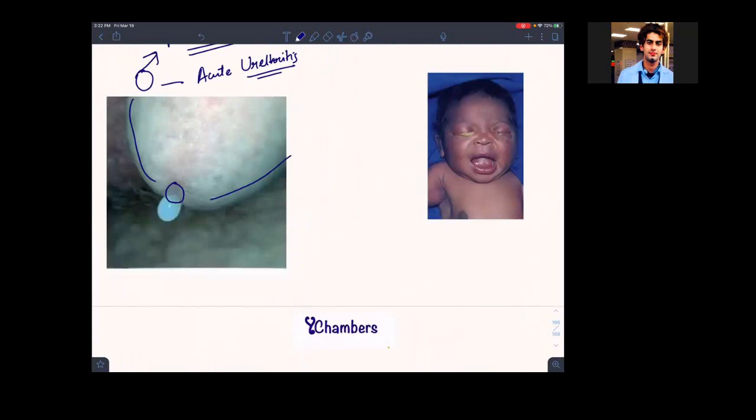Can you see the mucopurulent discharge coming out? Don't consider it to be sperm, because we have ways to differentiate. The patient will come with fever and all that, so we will understand he is having a gonococcal infection. This is the purulent urethral discharge.